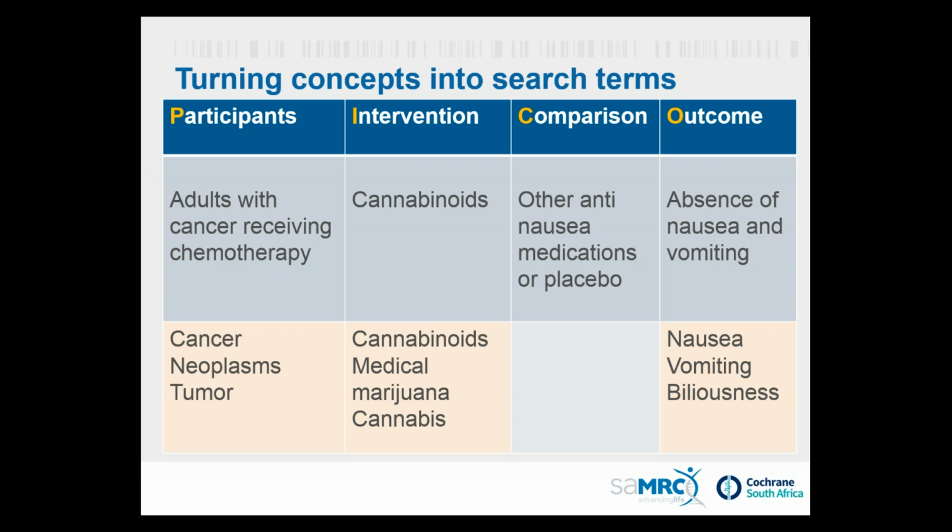But there might be terms that are very possible. So what you need to do is weigh up first and see how many records you retrieve, and then decide whether to include outcomes, but only if you are sure that they will be included in the abstract or mentioned somewhere. The other thing is that it might only be a secondary outcome, and therefore it might not be included in the abstract.